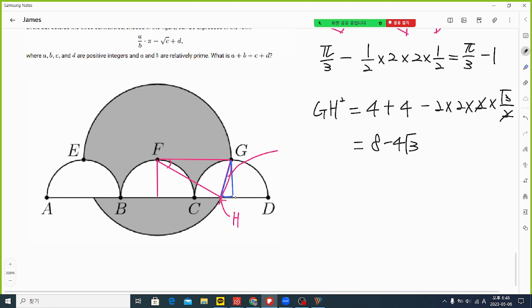And using the Pythagorean theorem, let's say this point is I. We want to find the length of HI.